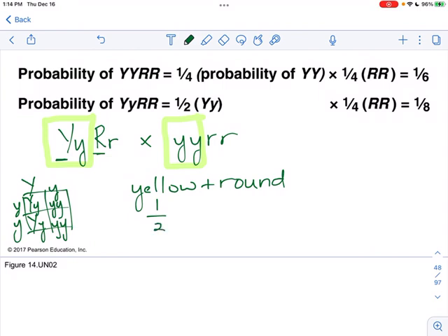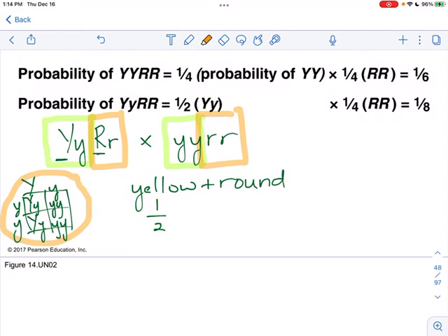But I didn't just ask yellow, I asked yellow and round. So these are 2 independent events that I want to occur together. We simply do the same thing with the second trait: big R, little r times little r, little r. If you picture that Punnett square, it's pretty much exactly like this one, only replacing the y's with r's.